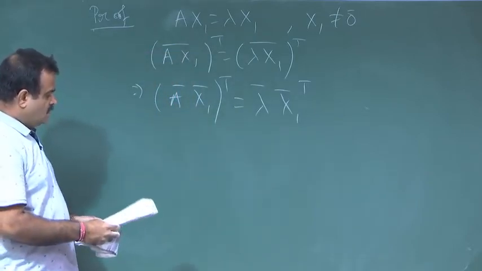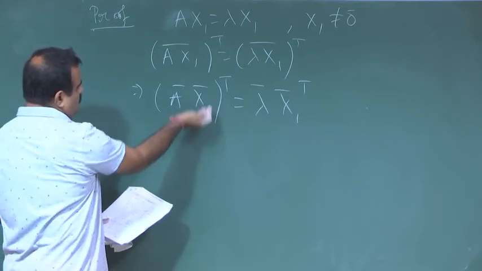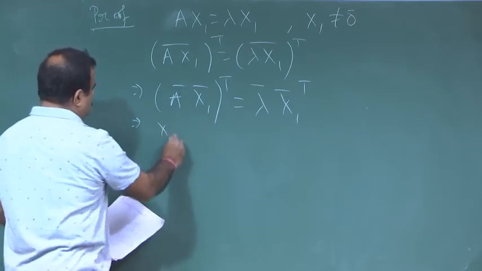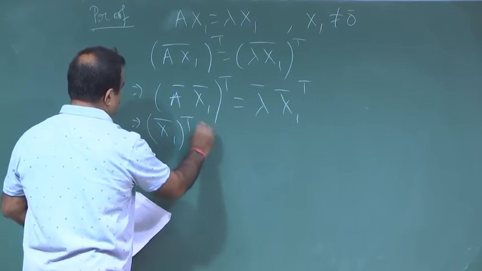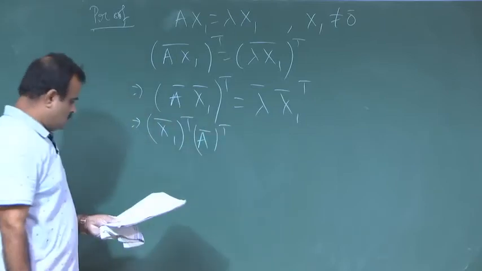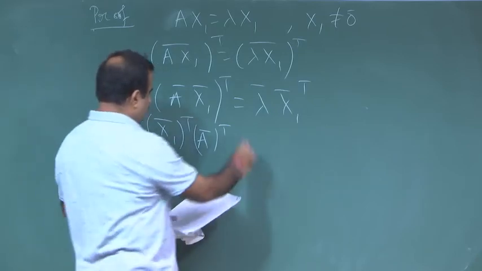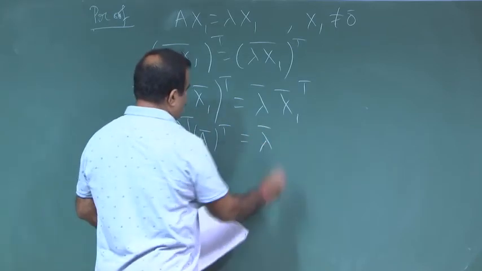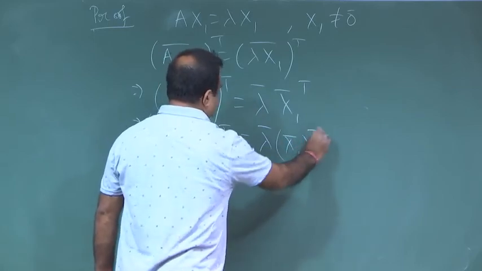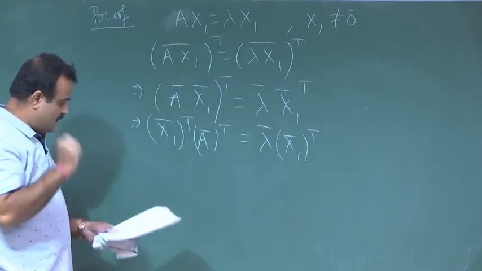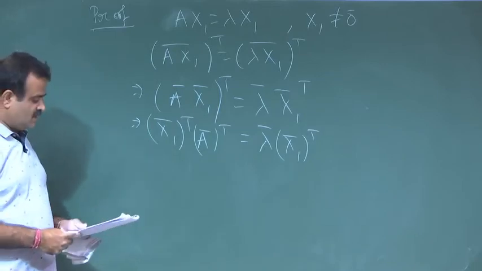Okay. So, now this will give us, so the transpose will revert this. So, this is x 1 conjugate transpose, and then lambda bar x 1 conjugate transpose. So, you have to simplify further.